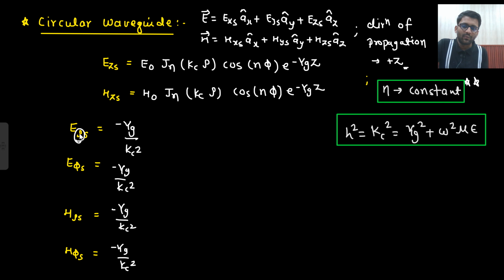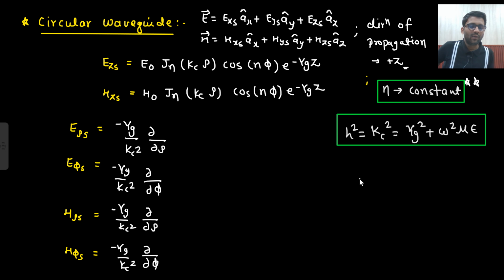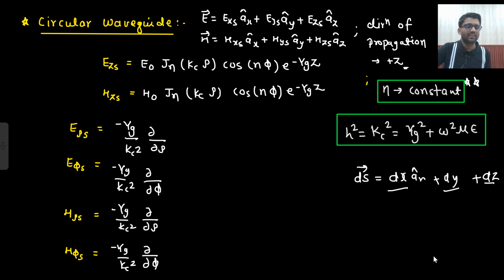Then whatever rho you are seeing here, then del by del rho. Here what you are seeing? Phi. Del by del phi. Here what you are seeing? Del by del rho. Here, del by del phi. Now if you remember how you used to write down ds for Cartesian coordinate system, that was dx ax cap plus dy ay cap plus dz az cap. So there dx, dy and dz were there.